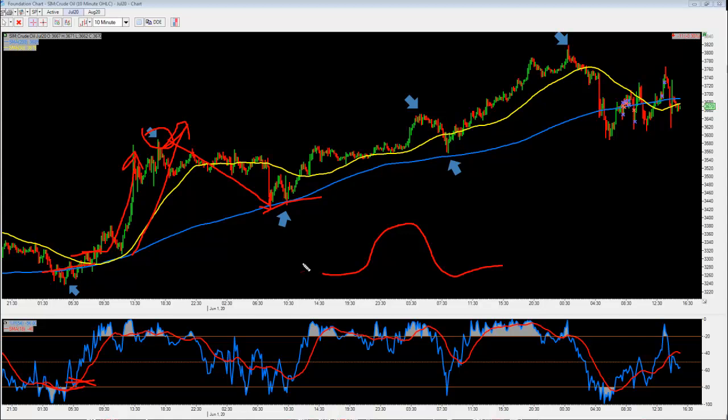So this part of the trade is that pushing out. And this coming back is this pushing back in. So that's that part of the trade. Hopefully that makes sense. Let's look at another example.